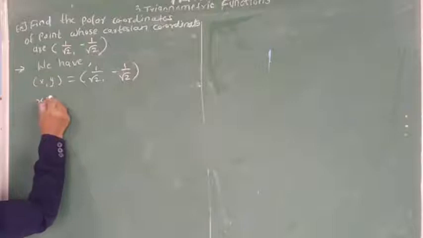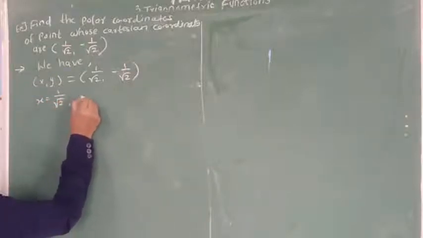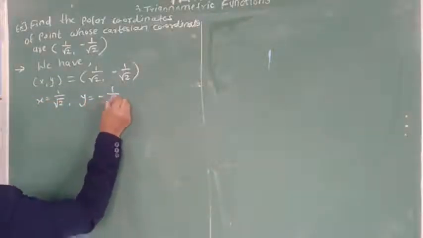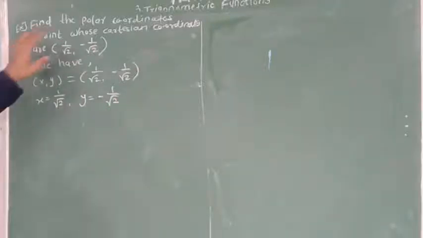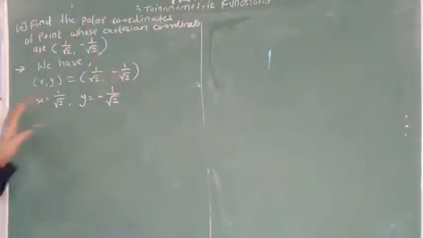So we have x is equal to 1 upon root 2 and y is equal to minus 1 upon root 2. Now we have to find the polar coordinates, meaning we have to find r and theta.